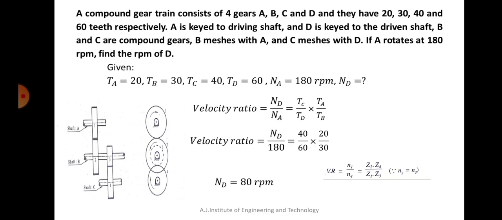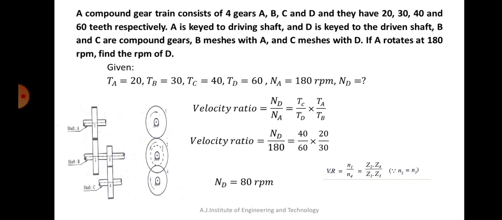So we have ND by NA. ND is not known, NA is known. Okay, so ND by 180 is equal to 40 by 60 into 20 by 30.